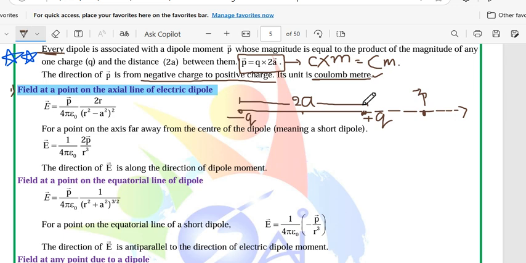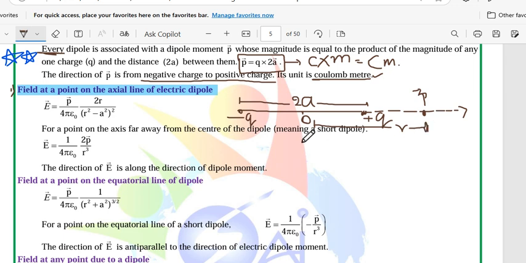This is the center, right? From this origin to that point, the distance is r.